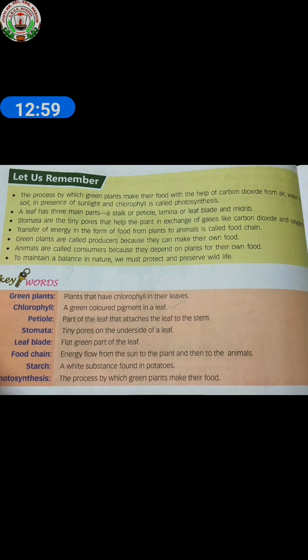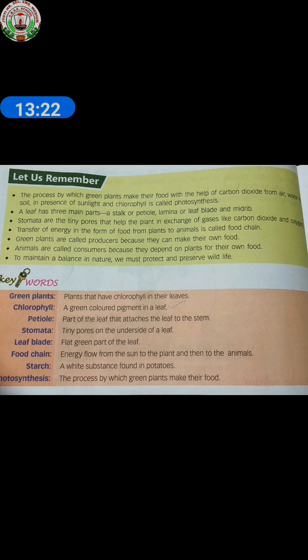A leaf has three main parts: a stalk or petiole, lamina or leaf blade, and midrib. Stomata are the tiny pores that help the plant in exchange of gases like carbon dioxide and oxygen.